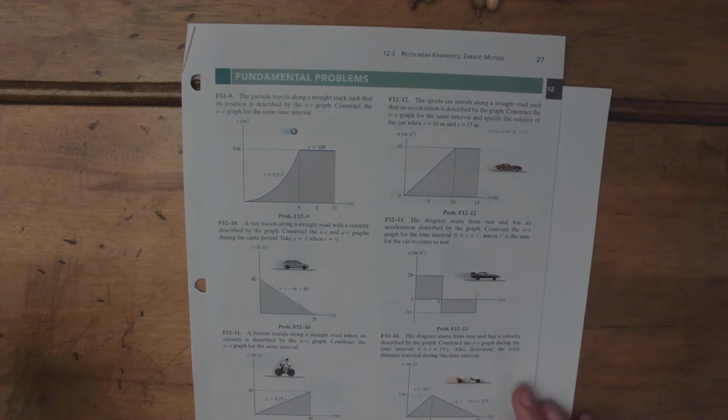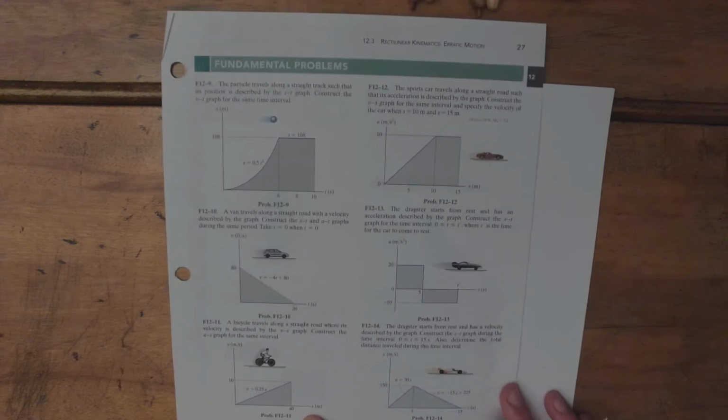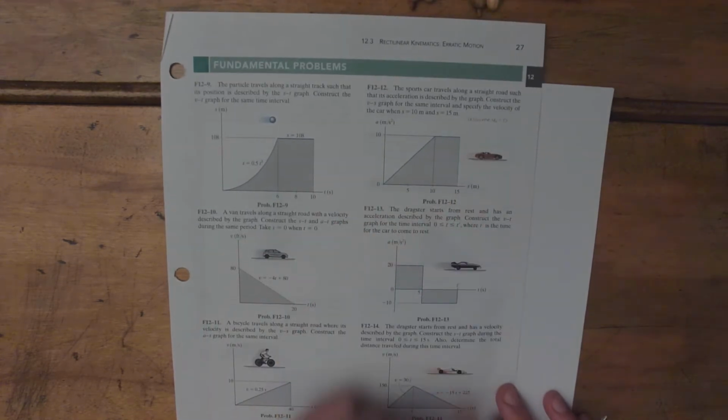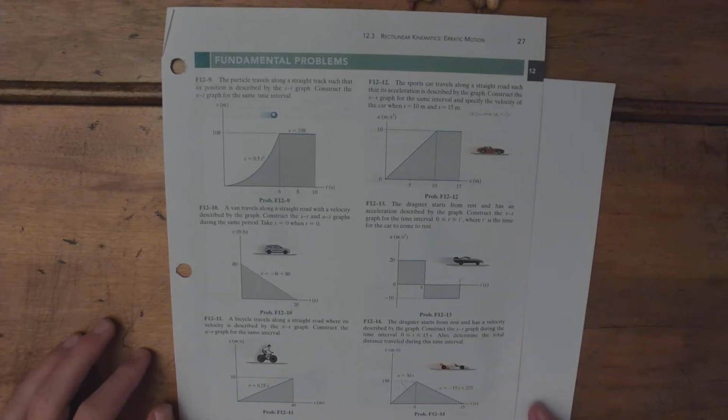What we didn't see often, if at all, in Physics 161 was graphs of velocity versus position or acceleration versus position. You may have seen graphs like that in lab, but I don't think we did anything with those graphs in lecture.